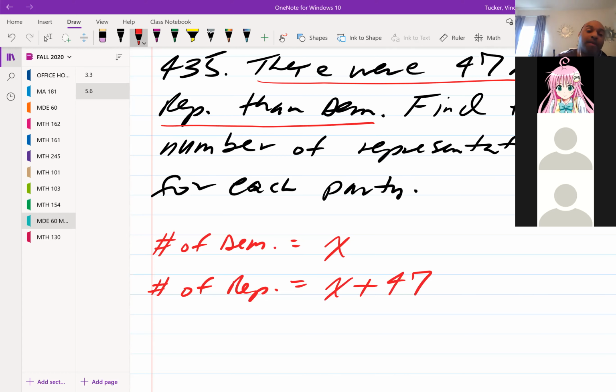It's describing the Republicans in terms of the Democrats. So we would call the Democrats X and then look at our Republicans and say, since there were 47 more, do X plus 47. So when I come down and solve for X, just like when we did with our board, I plug in X and I will also have the Republicans.